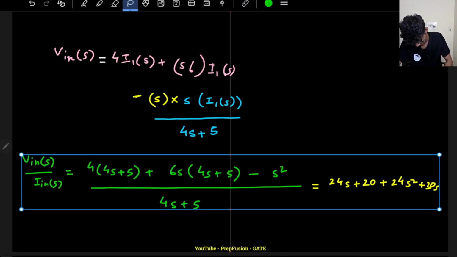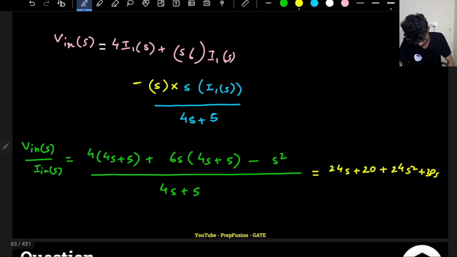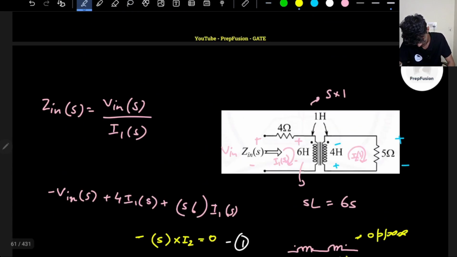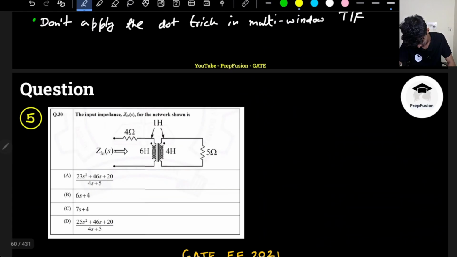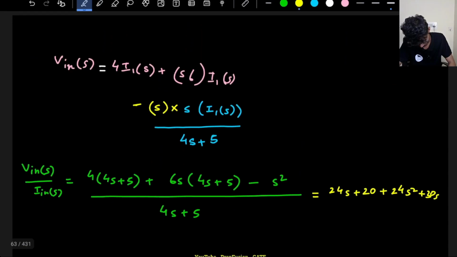Okay, 6 is there, minus S square, so 23S square is there. 46S is actually not there. Where am I doing it wrong? 24, 30S, 20, sorry, this will be 16S, right? So this will be 16S, minus S square divided by 4S plus 5.